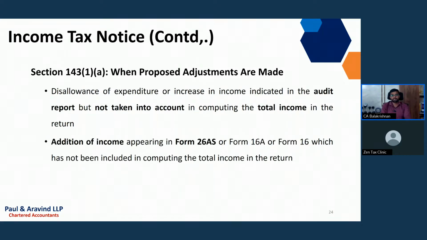And addition of income appearing in Form 26AS. In case we have taken the TDS credit but not offered the income, then the CPC will issue a proposed notice asking why this income is not added to your total income.